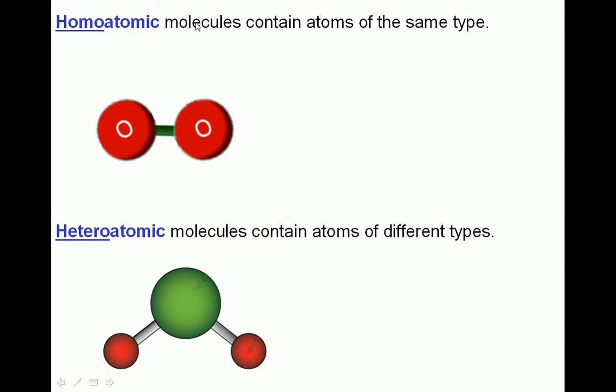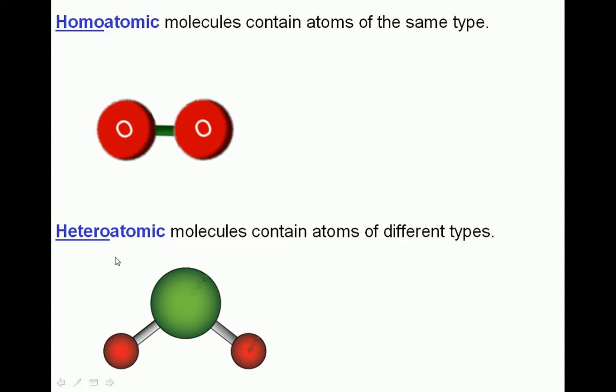So we can define molecules as being either homoatomic or heteroatomic. Homoatomic molecules contain atoms of the same type. An example would be an oxygen molecule. Oxygen is a diatomic element composed of molecules comprising 2 oxygen atoms. The other way of classifying molecules is as heteroatomic.